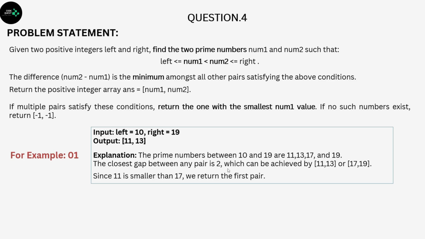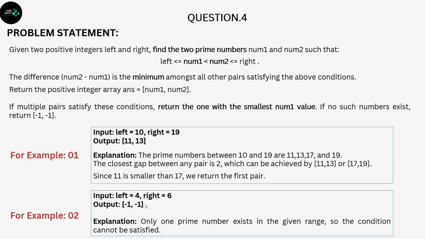So the closest gap we have is 2, which can be achieved by taking the pair 11, 13 or 17, 19. But out of these two pairs, since 11 is smaller than 17, we will return the first pair, as a result of which we got 11 and 13.